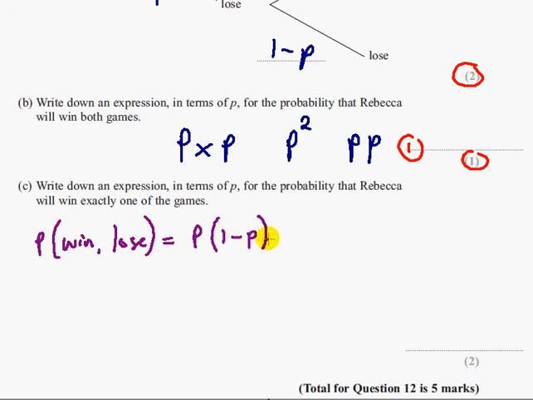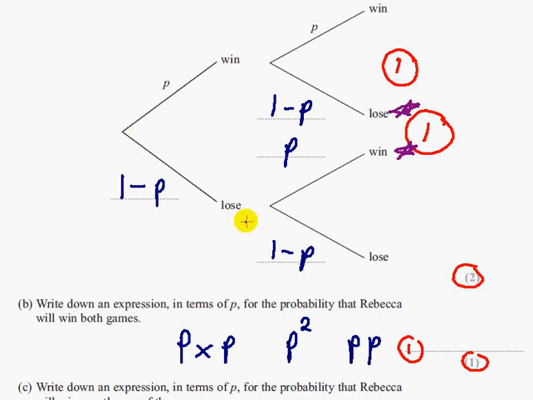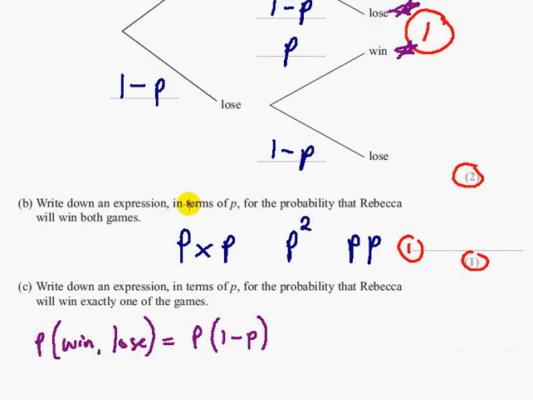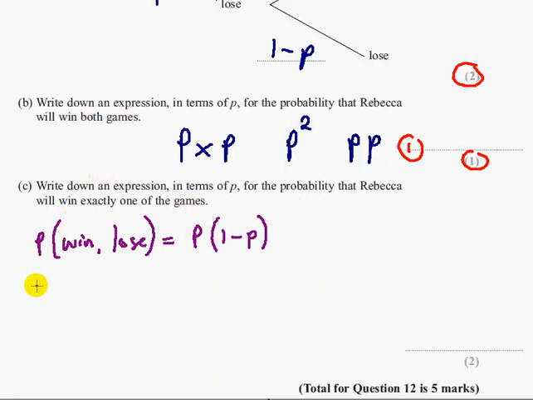I also want lose-win, so that's also P times by 1 minus P. Lose and win. It doesn't really matter which way you times something, so I'm going to write that the same way.